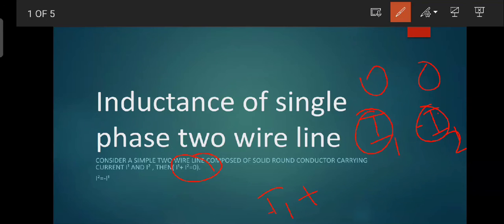Then I1 plus I2 is equal to 0, because I1 is equal to I2 in the negative magnitude. So I1 minus I1 is equal to 0, and I2 is equal to minus I1, it is also derived from this only.